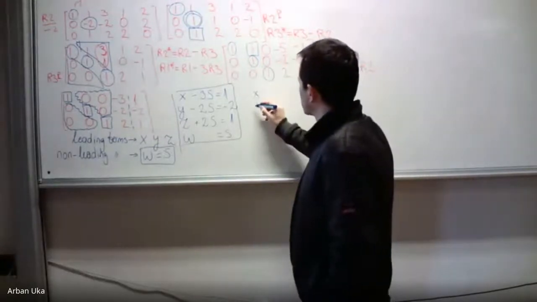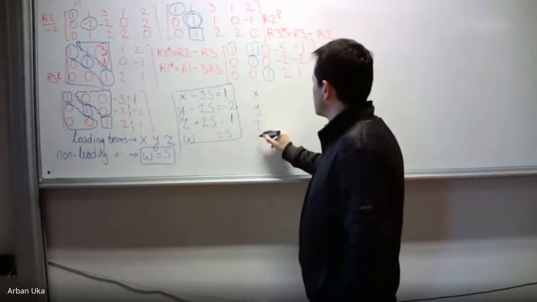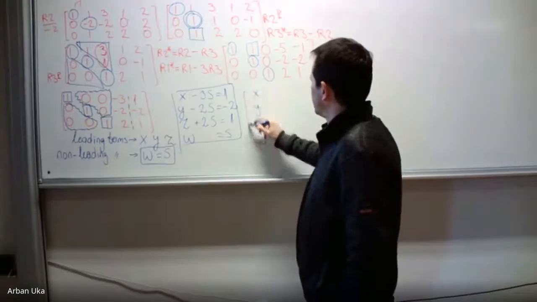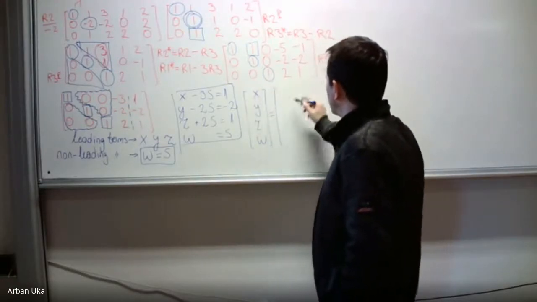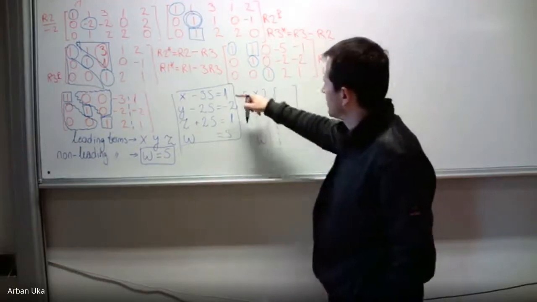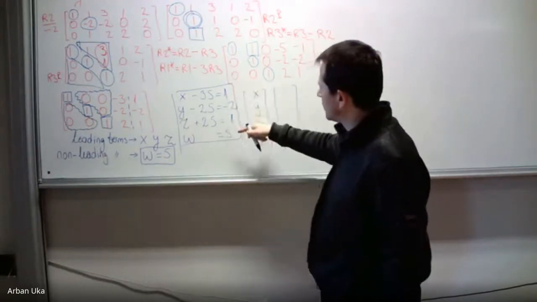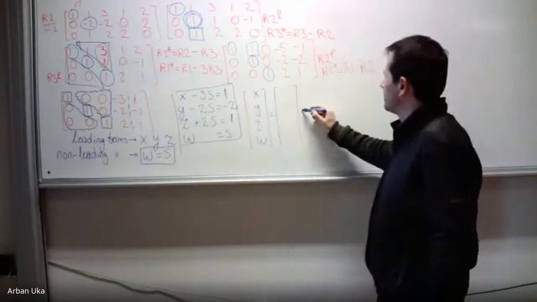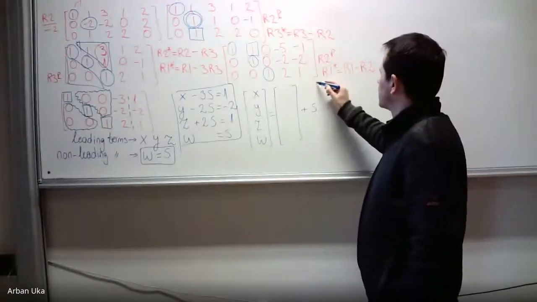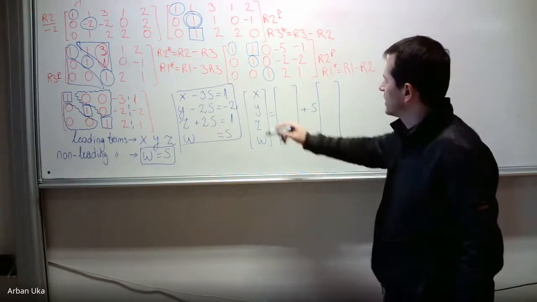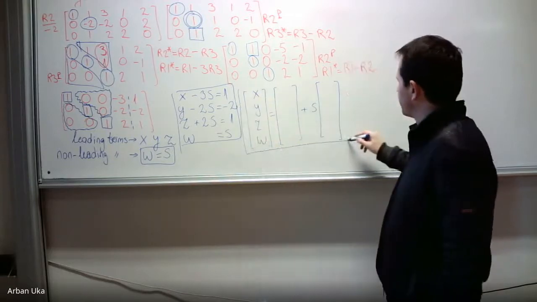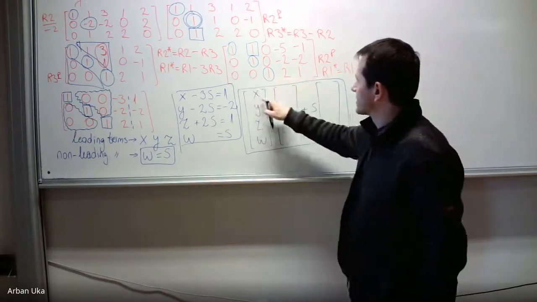We can say that x, y, z, and w can be written as a constant vector, because we see here some constant numbers, 1, 2, 1, 1, plus s times a vector. So how can we write this expression? What is x? 1 minus 3.